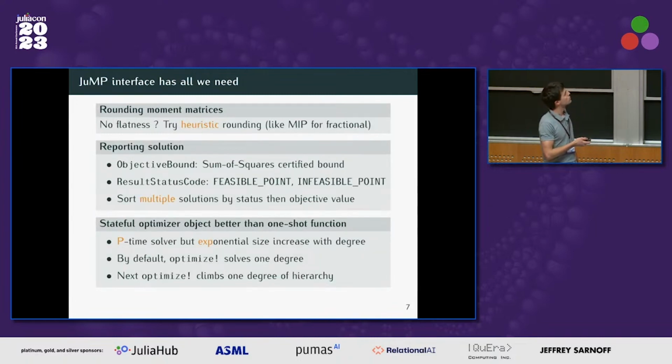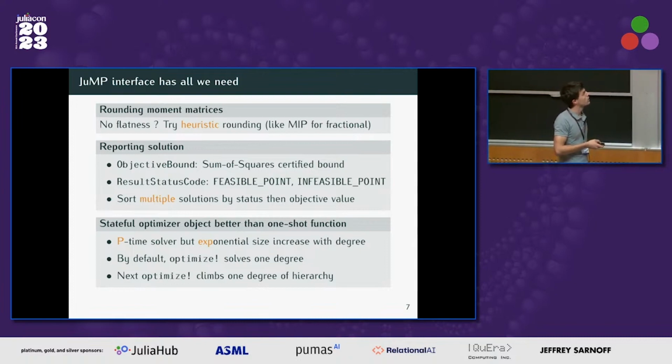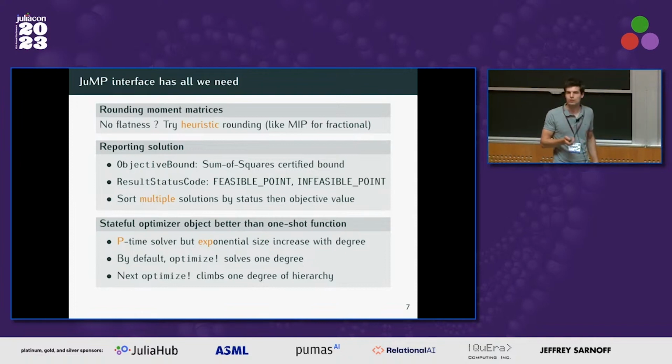And so if we want to make an interface for this approach, doing this sum of squares hierarchy to find the lower bound with the certificates and then the upper bounds by trying to round these moment matrices, it turns out that the design of JuMP is exactly what we need, because JuMP was designed to be a very good interface for mixed integer linear programs, and because we're also solving a relaxation and trying to round it to a feasible solution, we have all the elements we need.